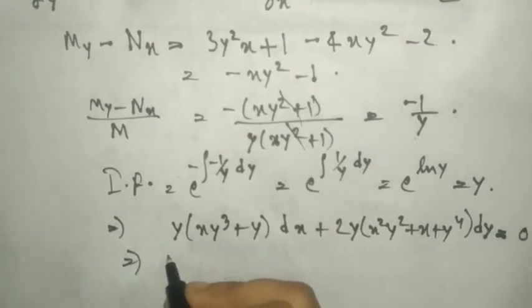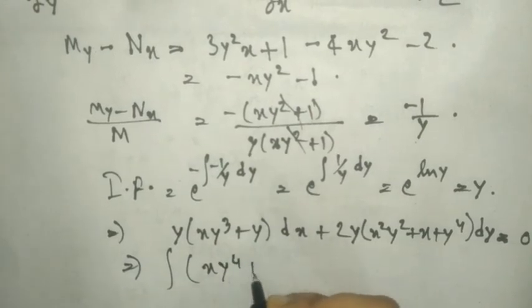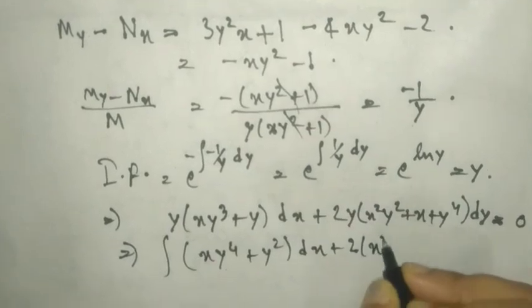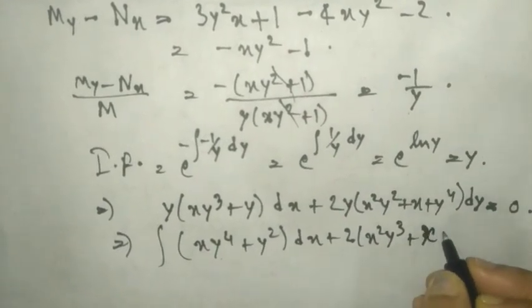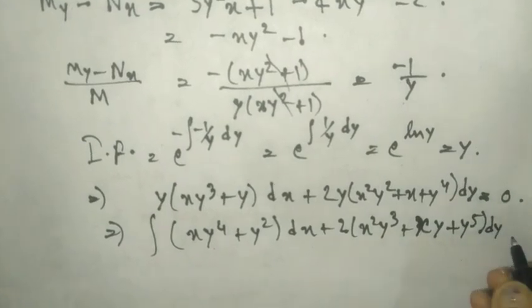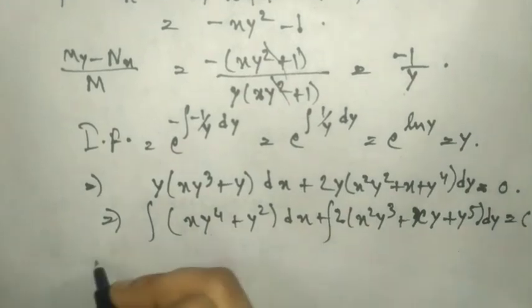Now we'll integrate, and this becomes integration of xy4 plus y square dx plus 2x square y cube plus xy plus y5 dy is equal to c.